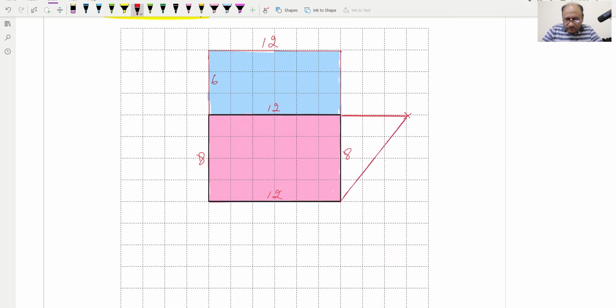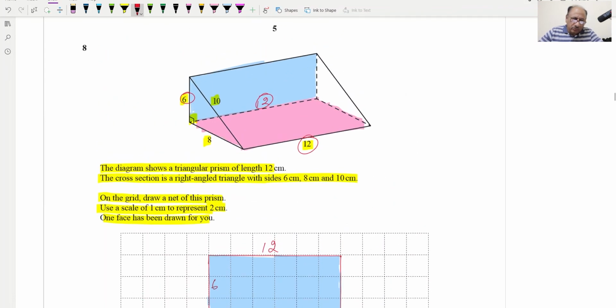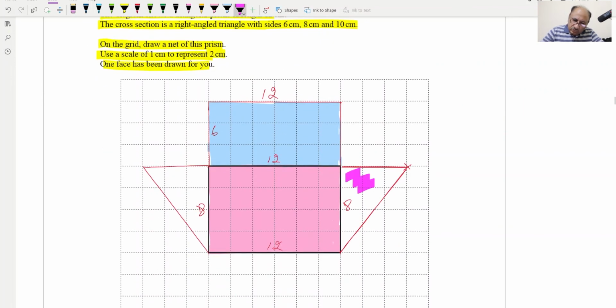So this is basically the triangular portion, and we know we are having triangular portions on both sides, so this will be our triangular portion. And if we want to show the triangular portion, it will be this one and this one. So I'm just showing this triangular portion and this triangular portion also.